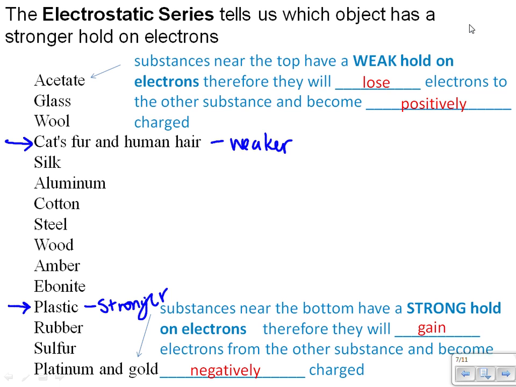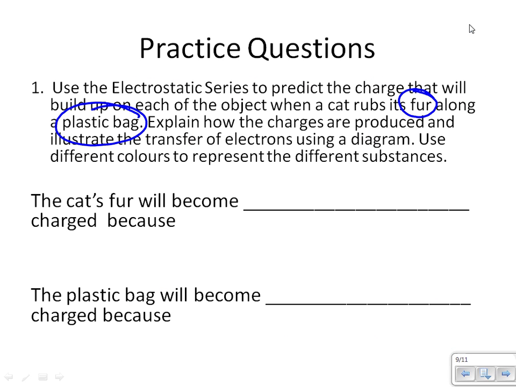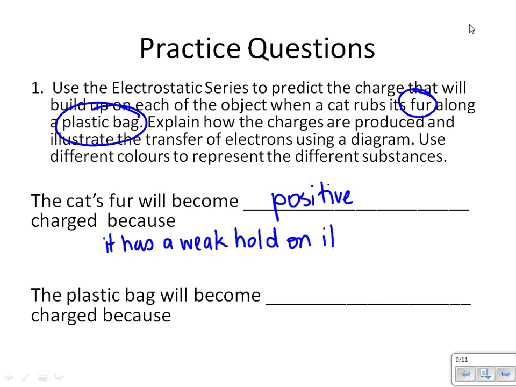So now that we know that, let's go back and see if we can answer this question. The cat's fur has a weaker hold, so the cat's fur will actually become positive. Why? Because it has a weak hold on its electrons, and it will easily give up those electrons to the plastic bag.